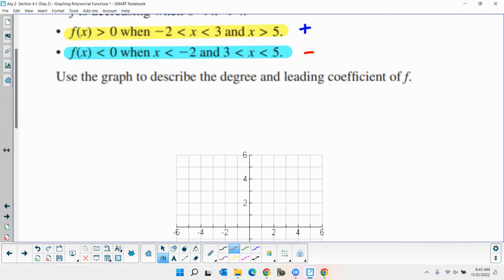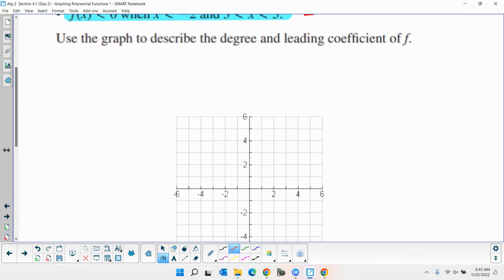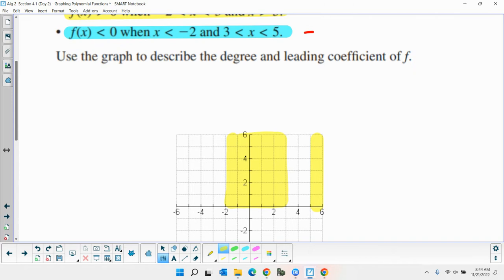All right, so let's just highlight that to see. -2 to +3. Oops, wrong color. -2 to +3, it's positive. And greater than 5. It was negative less than -2 and between 3 and 5.